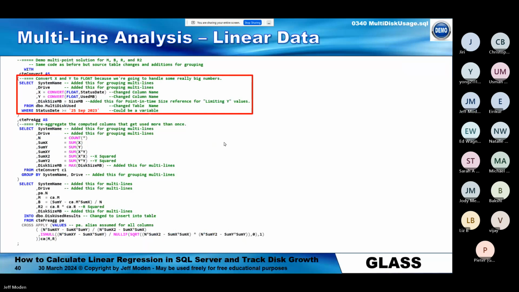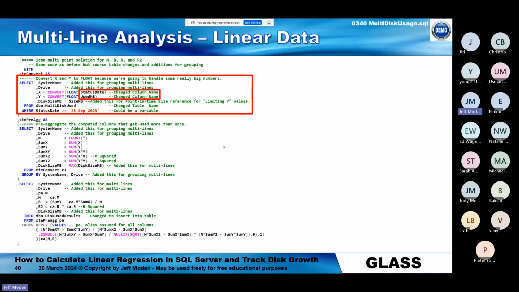So first of all, this is very, very similar to, remember I said all these linear regressions have 3 sections, and for the most part, they're the same until we get to multi-line analysis. And then there's a tiny little difference. The difference is we needed something to group by. We wanted the system name and the drive letter. And then everything else is pretty much the same.